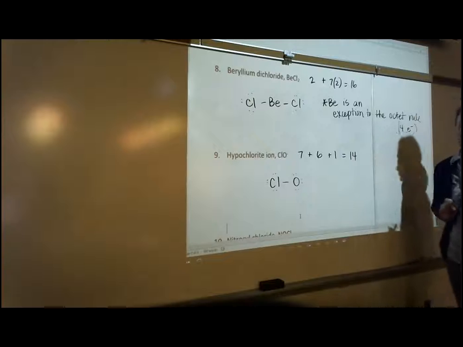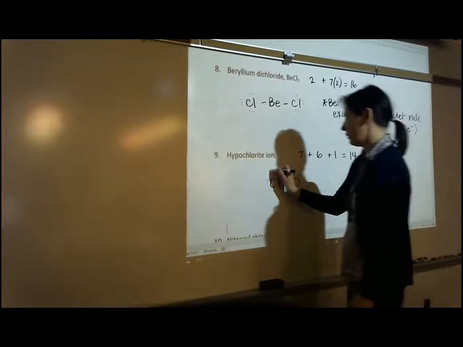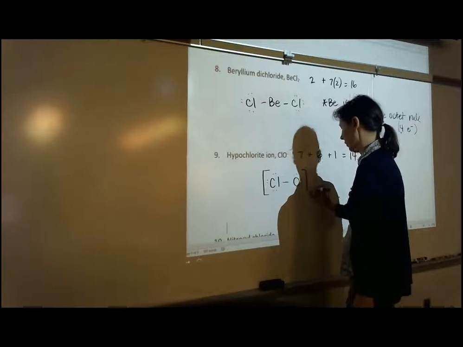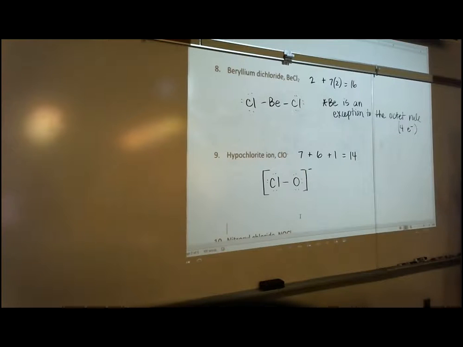Am I done? What am I missing here? This is a polyatomic ion, so what do I need? You need brackets with the charge, right? To show that the entire molecule carries a negative charge. We don't put brackets on all of them, just polyatomic ions, yes.